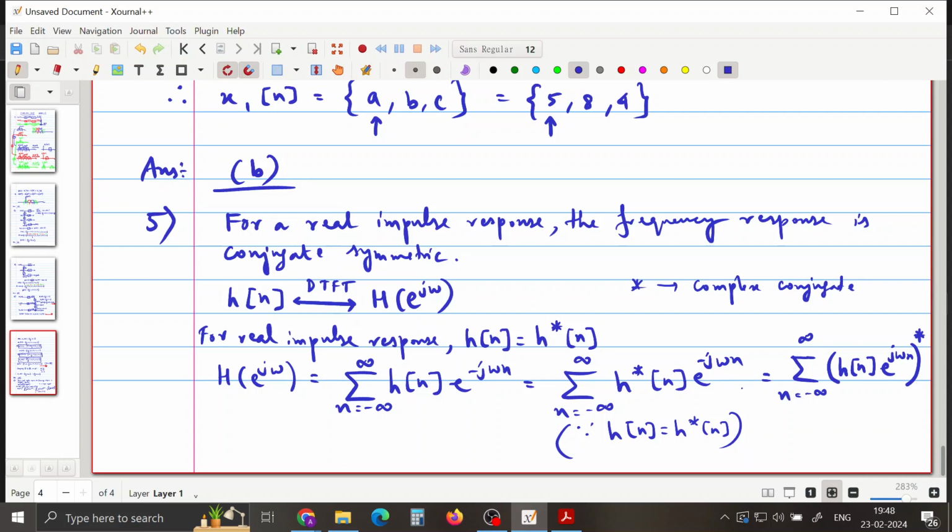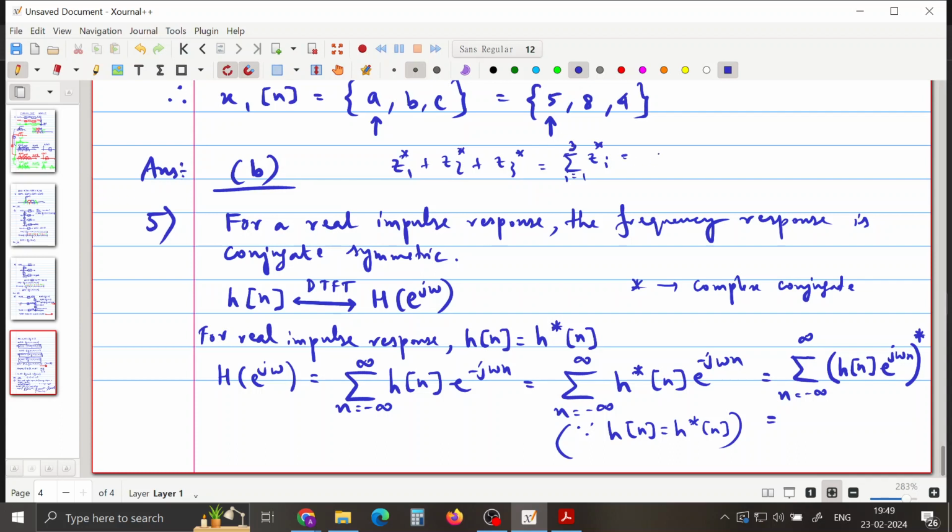Okay, now what I am doing is, I can take this summation, summation n running from minus infinity to infinity, inside the bracket as well, because that follows from the linearity, right? Because what I'm saying is, if you have z1 conjugate plus z2 conjugate plus z3 conjugate, so this is nothing but summation zi conjugate, i running from 1 to 3.